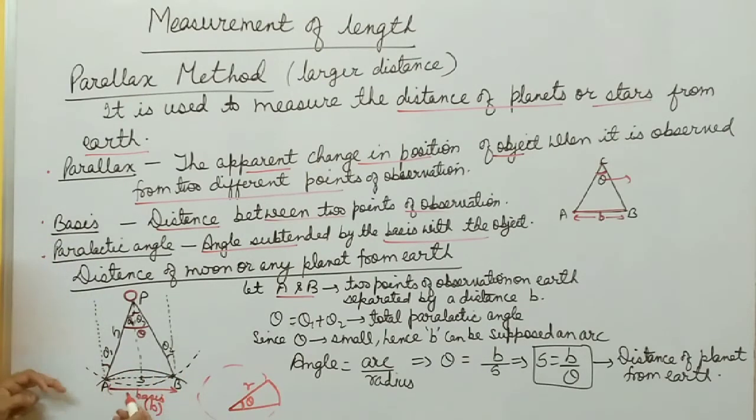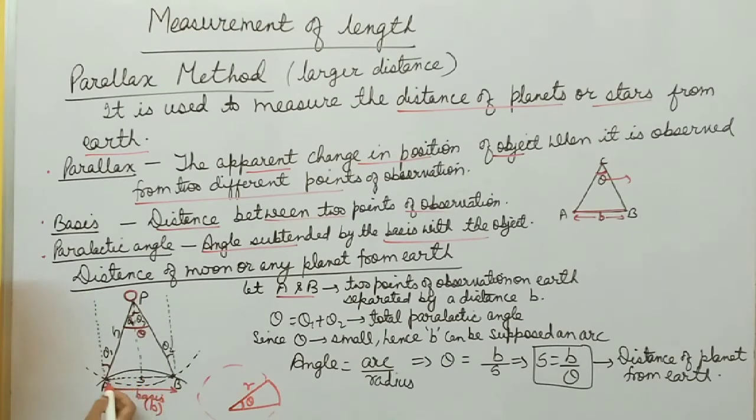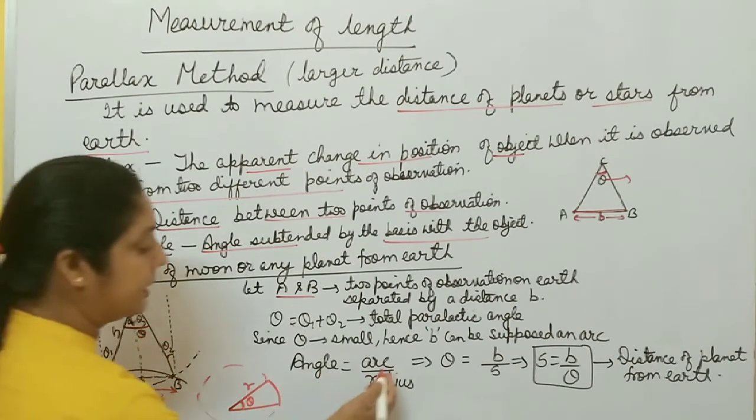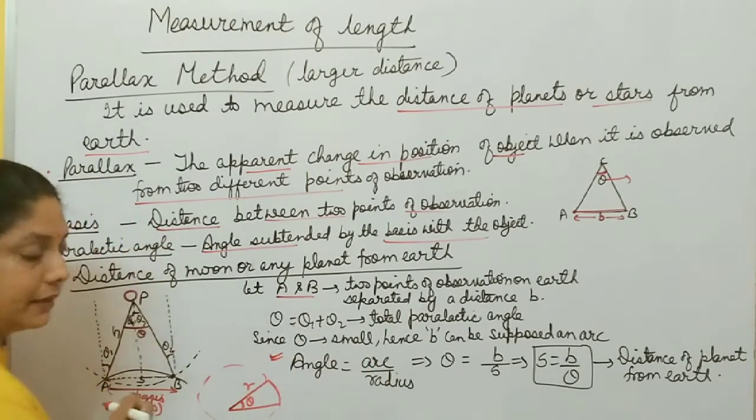If theta is very small, this arc can be assumed as the basis. If the distance is very large and the two points of observation are close, then this arc is replaced by this basis. So this distance AB arc is the basis B, and this angle theta is arc by radius. I think you know this relation, angle equals arc by radius.